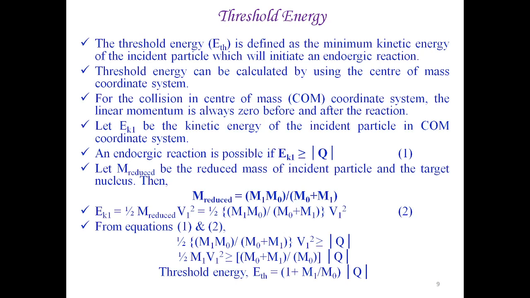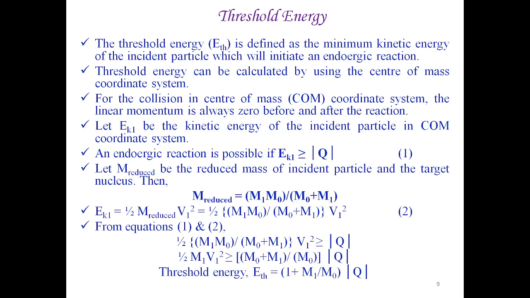Let EK1 be the kinetic energy of the incident particle in the center of mass coordinate system. An endoergic reaction is possible only if EK1 is greater than or equal to the Q value. Let M suffix R be the reduced mass of the incident particle and the target nucleus.